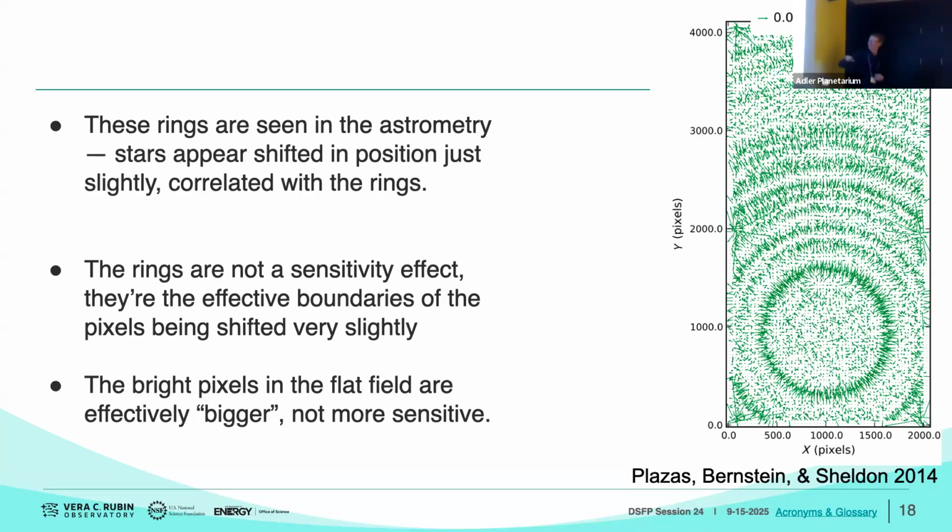If I plot those measurements in pixel coordinates, you would see that in this region of the sensor, the positions of the stars seem to scatter away from this ring, and this ring, and this ring. And that's not a sensitivity effect. This is the boundaries of the pixels being shifted. It's similar to what we were talking about earlier in the brighter-fatter effect, where the boundaries change a little bit because of charge, but this was actually baked into the sensors.